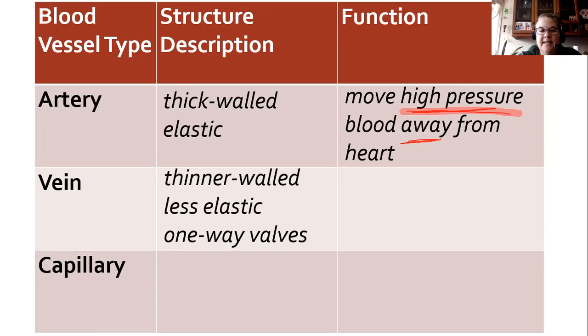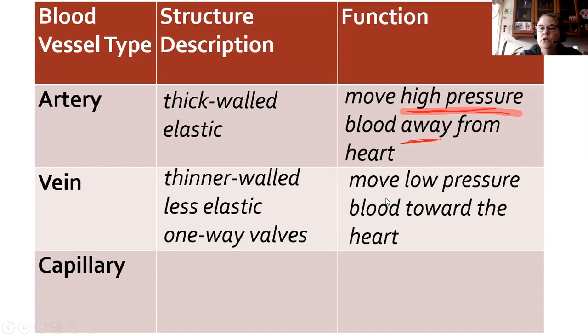That's one key point to help me identify what they look like. And then when I think about what a vein does, it carries low pressure blood toward the heart. Those are some key things we want to remember: low pressure blood toward the heart.